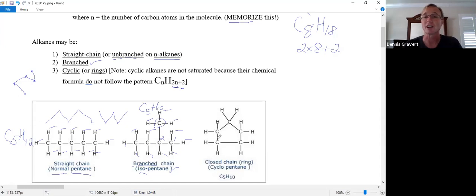We can also take 5 carbons and tie them end to end. Skeleton drawing might look something like that. And so you'd say, hey, every carbon possesses 2 hydrogens. Wait a second, 2 times 5 is 10. This is not saturated. It does not have the maximum number of hydrogens for 5 carbons. 5 carbons can hold up to 12 hydrogens.